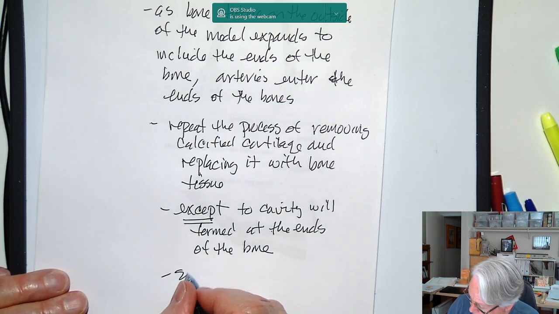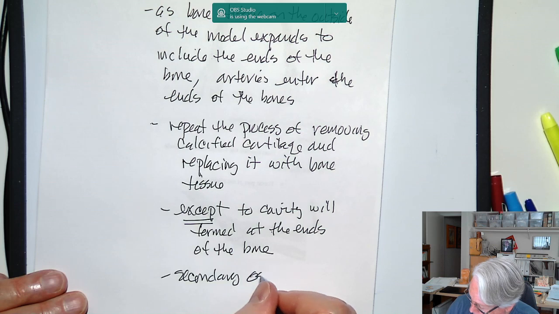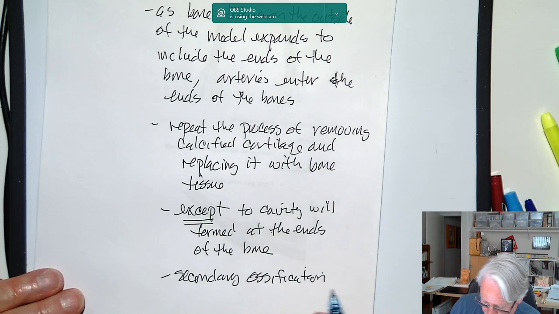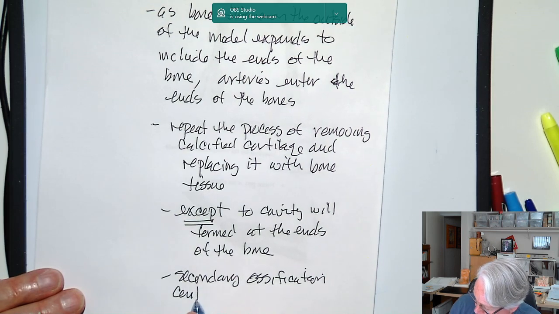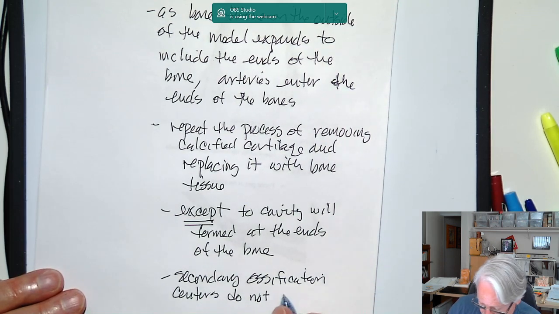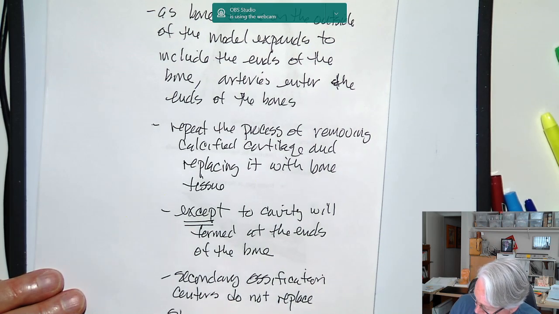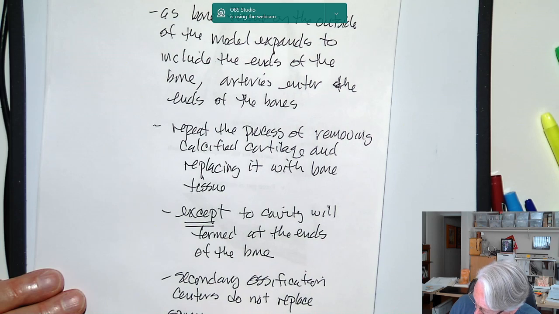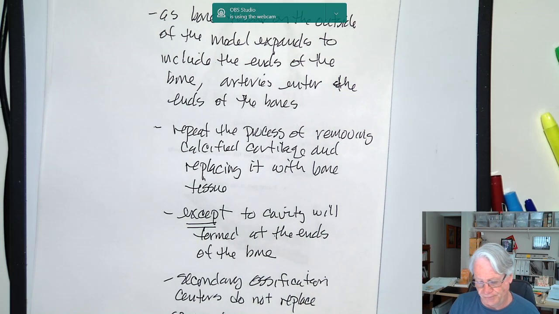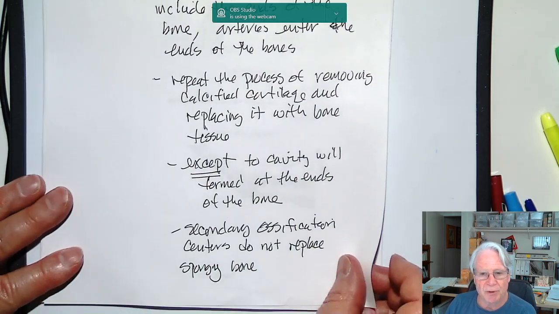So secondary ossification centers do not replace spongy bone. So no cavity is going to be formed.